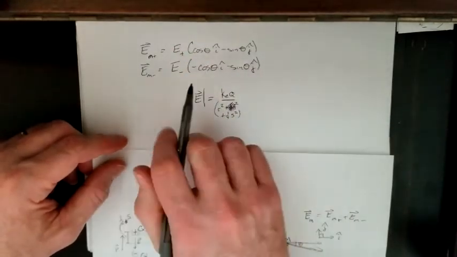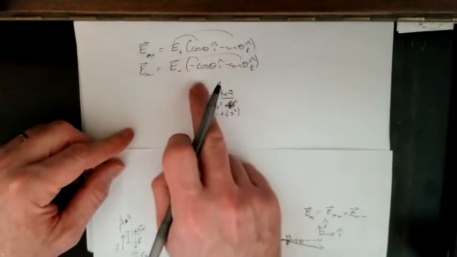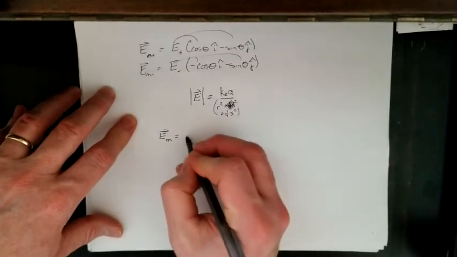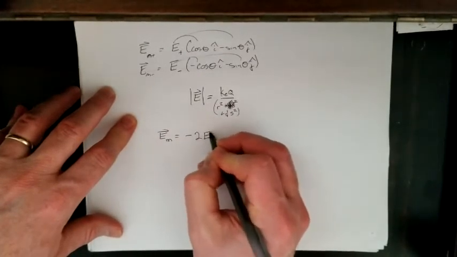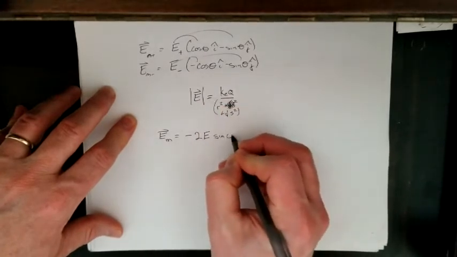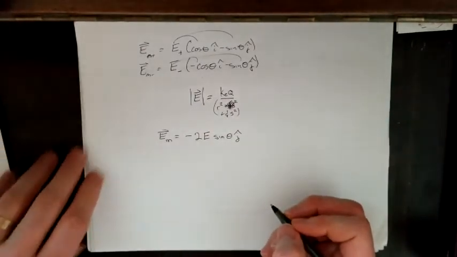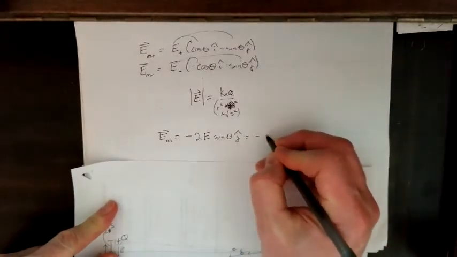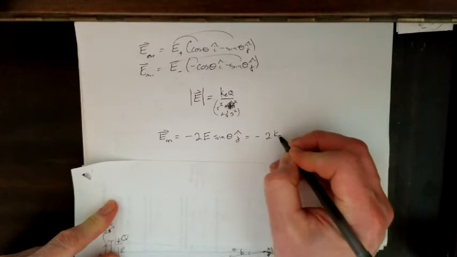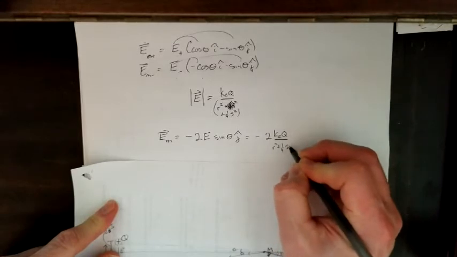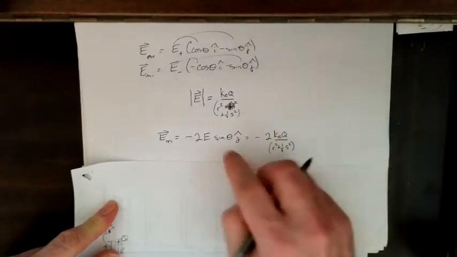And so when I add them together, I distribute, add them together, the I components will cancel out. And so what I'm left with is the electric field at point M is negative 2 times the magnitude of the electric field times the sine of theta J hat. That'll be negative 2 times k sub e q over r squared plus 1/4 s squared times the sine of theta.